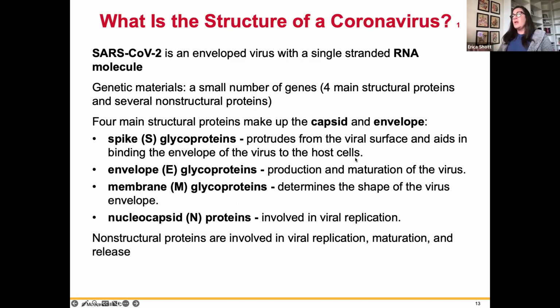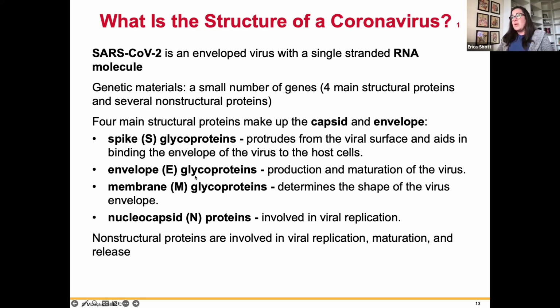So this is, again, an enveloped virus. It's RNA, but it does have a small number of genes, just 4 main structural proteins and several non-structural proteins. The 4 main structural proteins make up the capsid and envelope. We've got the spike, or S, glycoproteins. These are on the viral surface and aid in the binding of the envelope of the virus to host cells.